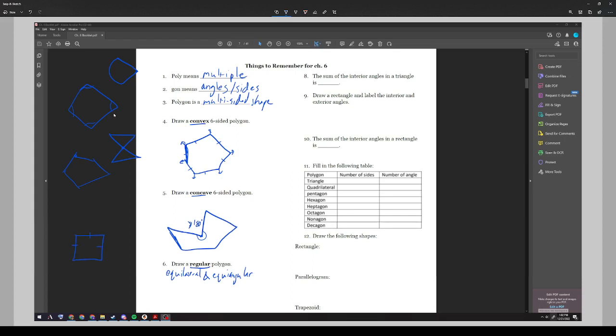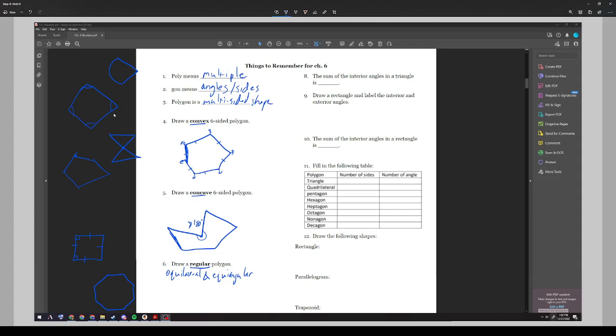It has 4 equal sides and 4 equal angles that are all 90. We can have a regular pentagon, hexagon, octagon, any of those shapes. So like a stop sign is a regular octagon. I'm sure I can't draw one very well right here, but not terrible. So 8 equal sides, 8 equal angles. So anything regular is always every side and every angle is equal.